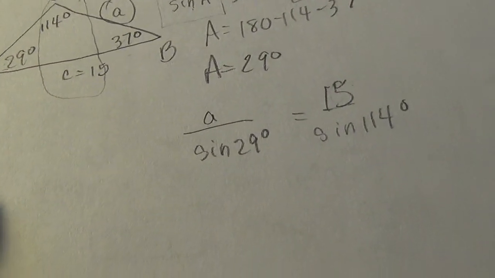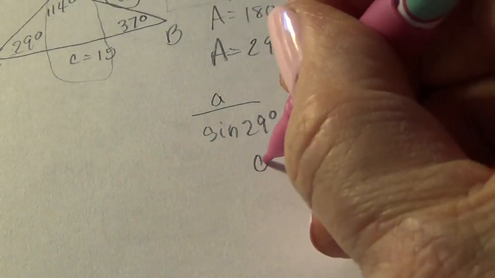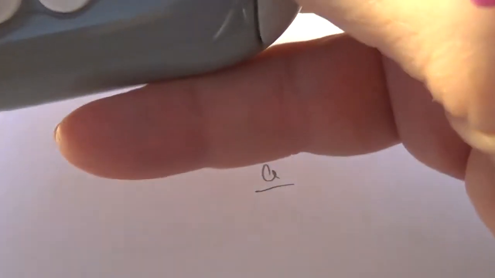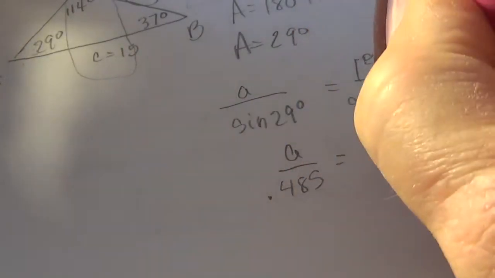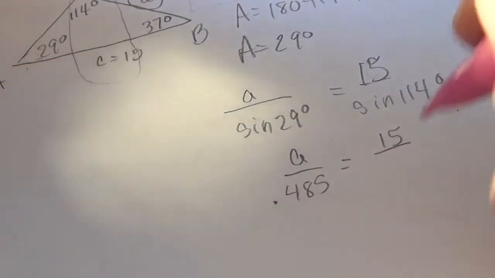So we end up with a over sine of 29, .485, equals 15 over sine of 114, .914.